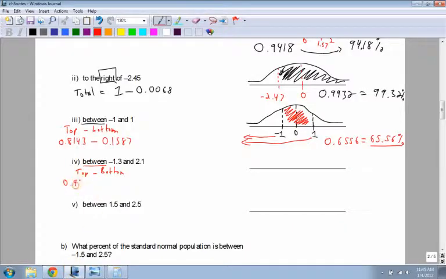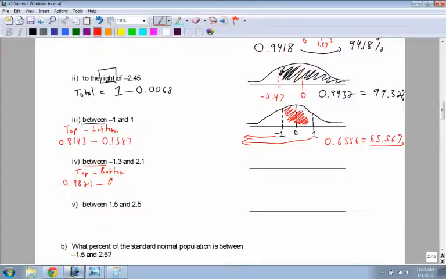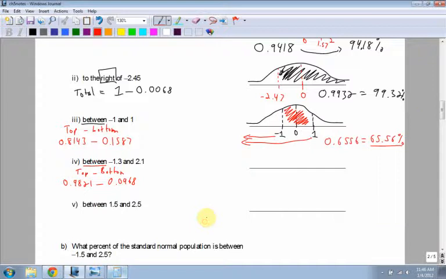The bottom is -1.3, and again, it's just the first one, I'm not going over any, is 0.0968. I subtract the two, so I get 0.9821 minus 0.0968, and I get an area of 0.8853.